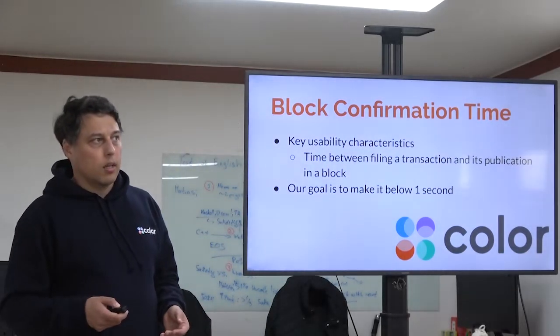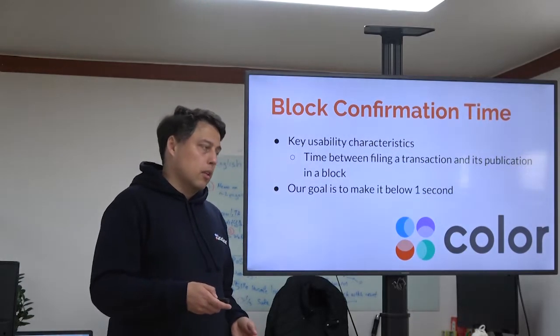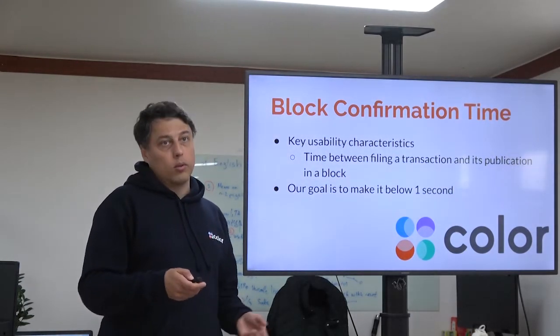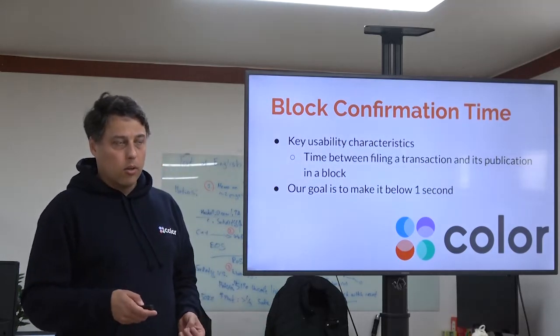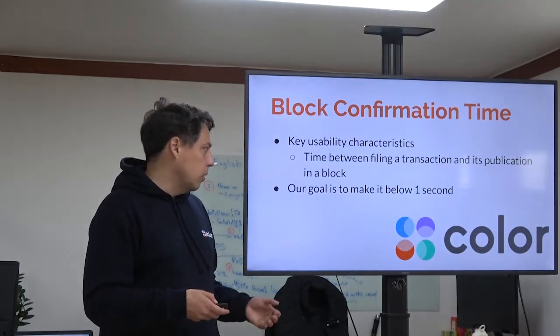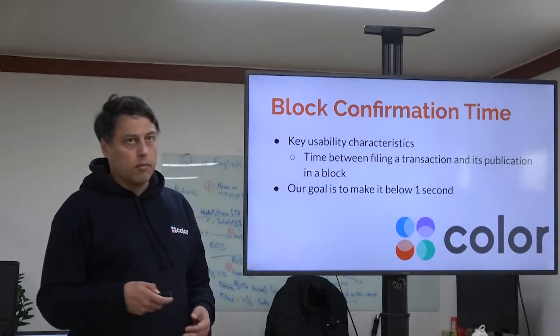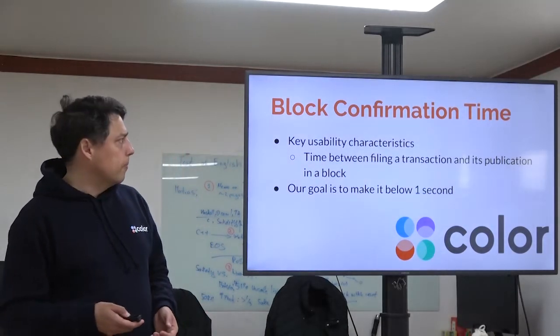Other blockchains like EOS take less time, but they are underloaded, so we don't know how much it would be in real life. So our goal is to make it below 1 second, even in a loaded system.